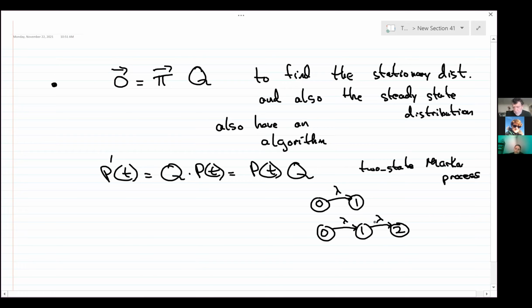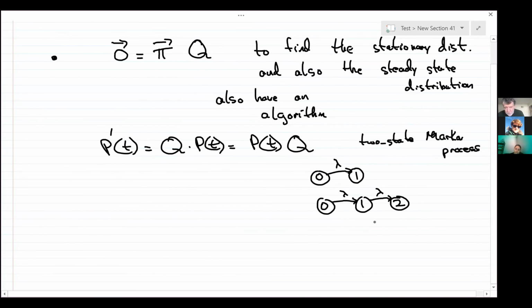These are both examples of what are called pure birth processes. I think I even gave a homework the other day to do something that looked like this, where this was 1 and this was 2. So we have done some pure birth examples.